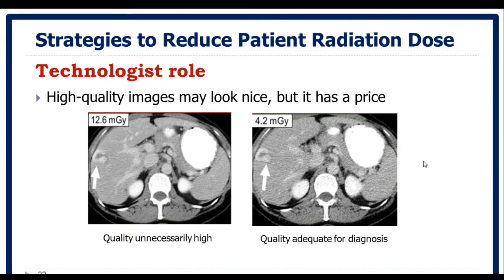So always think about optimal image quality that fits the diagnosis. It's not just seeking a high quality image, because the high quality image has a price, which is related to more radiation dose.